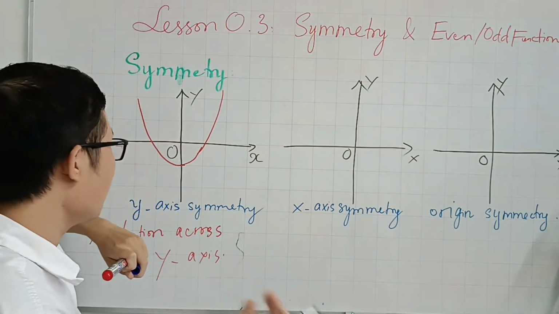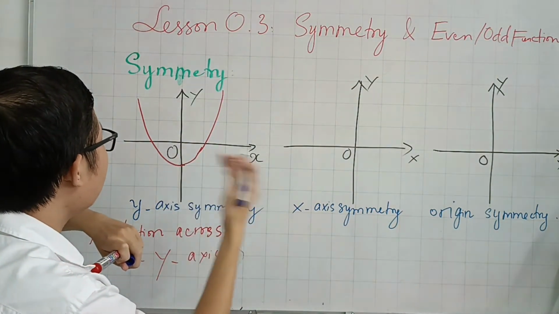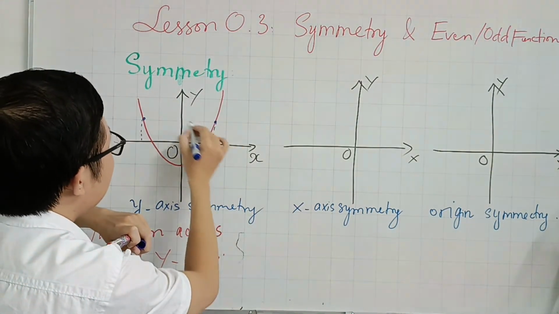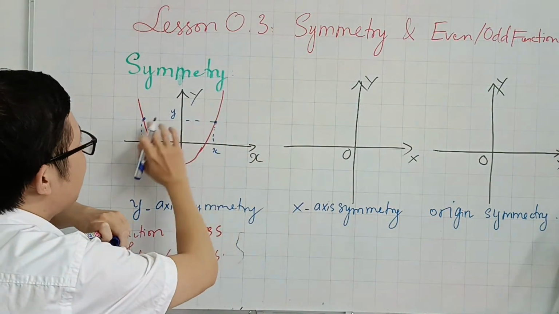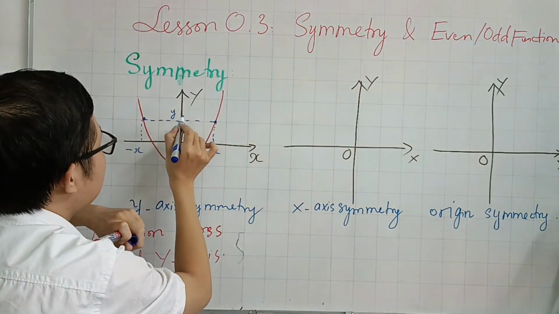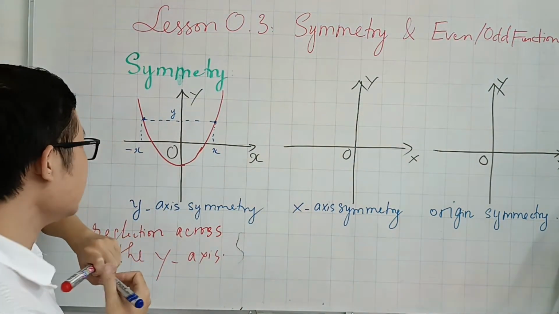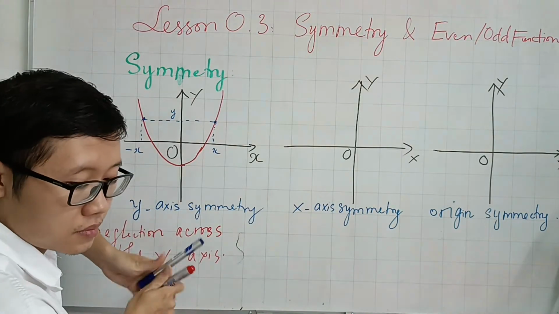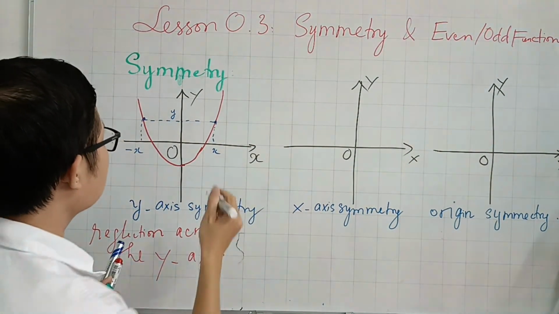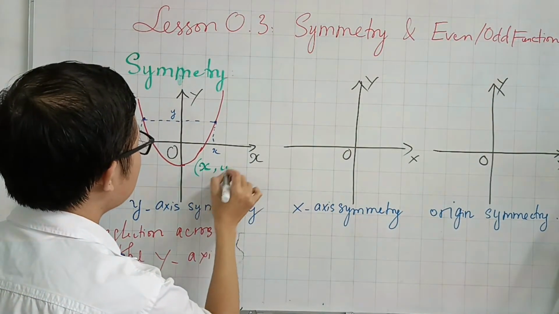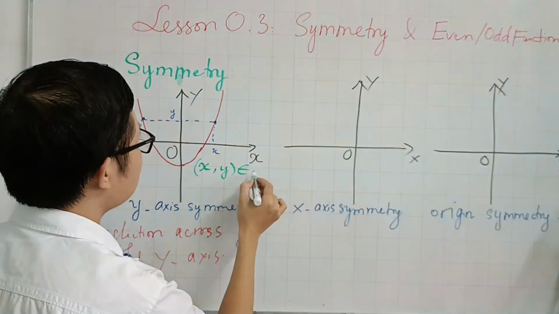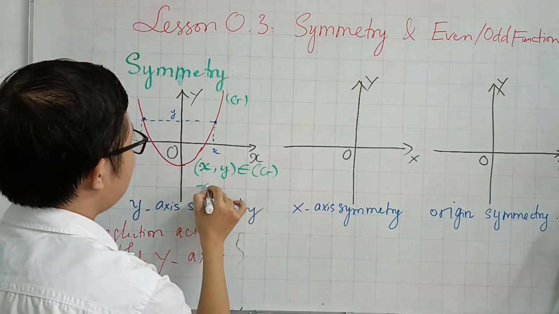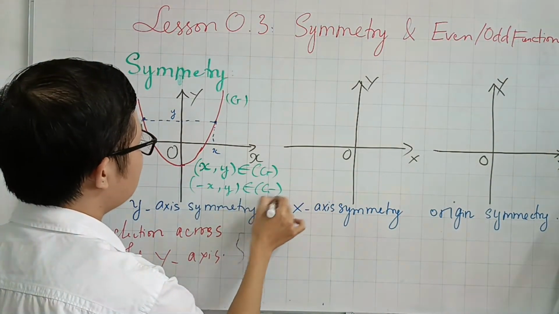The graph is symmetric about the y-axis when, whenever the point (x, y) is on the graph, the point (negative x, y) is also on the graph too. It is the y-axis symmetry.